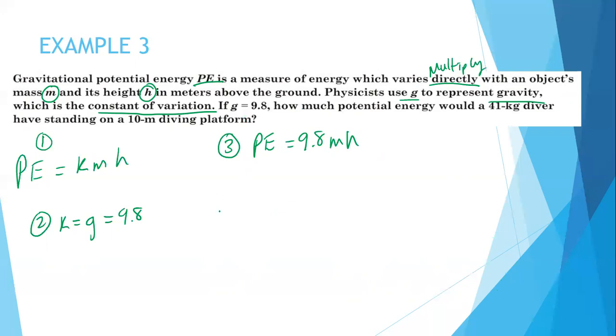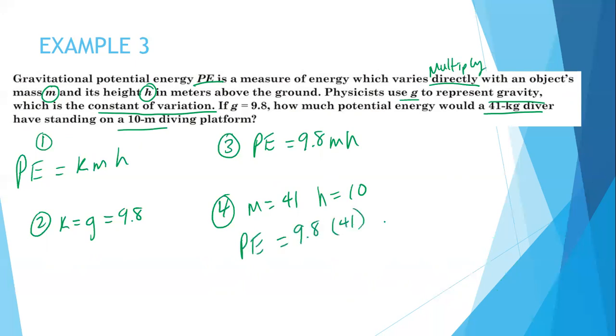And now we can solve the problem. So our given information is 41 kilograms, that's my mass, and then my height is 10. So to find my potential energy, it equals 9.8 times 41 times 10, which equals what? 4,018.